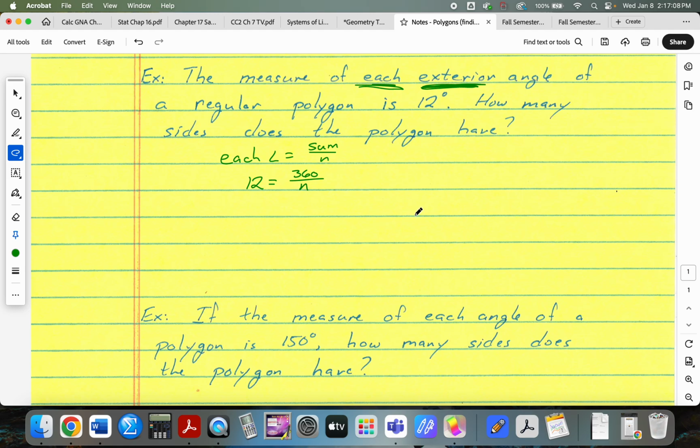So now I need to just solve this. If we put the 12 over 1 and cross multiply, 12 times n is 12n, and 1 times 360 is 360. So we'll divide both sides by 12, and we get that n is 30. So it has 30 sides.